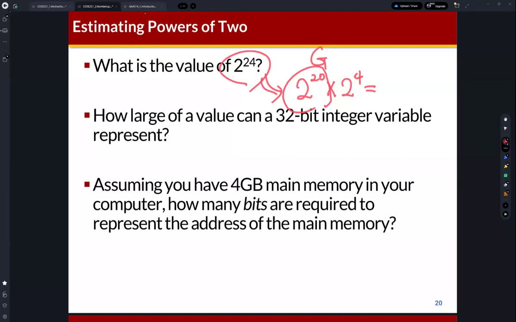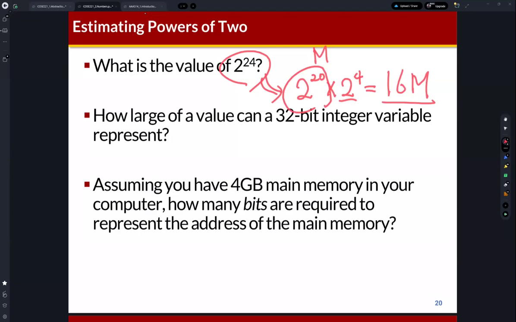No, this is mega, right? It's kilo, mega, giga, tera. Kilo is 2 to the power of 10, mega is 2 to the power of 20, and giga is 2 to the power of 30. So this is mega and this is 16. So it's 16 mega.